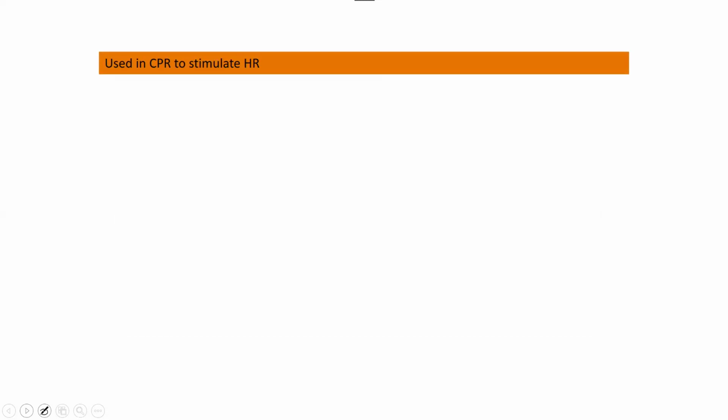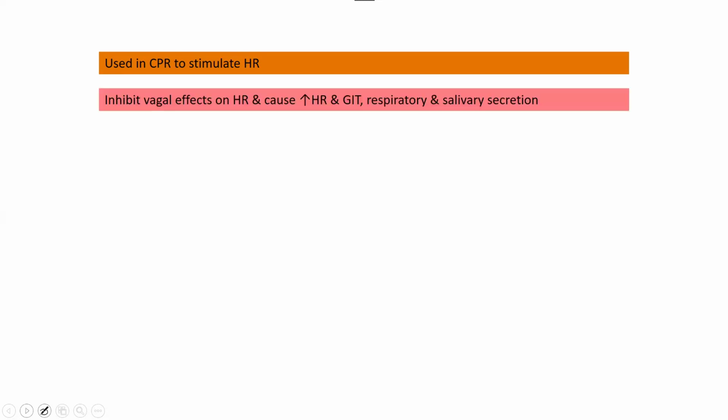Next is the effects of atropine on the heart. It is used in CPR to stimulate the heart. Next, it inhibits vagal effects on heart rate and causes increased heart rate, and also affects GIT, respiratory and salivary secretion.